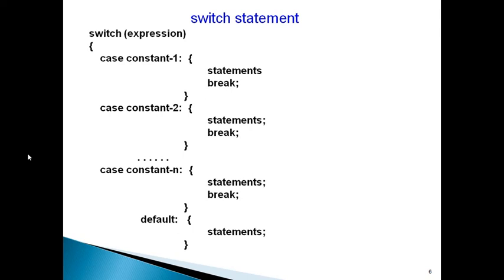If any one case constant matches, that particular case block's statements are executed. After the end of those case statements, it executes the break instruction. The purpose of the break instruction is to come out of the switch statement.